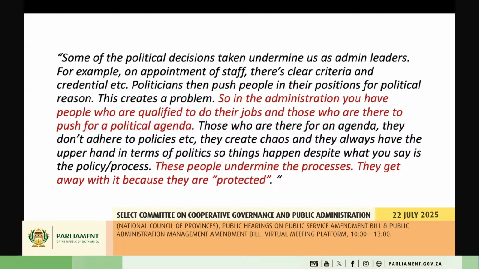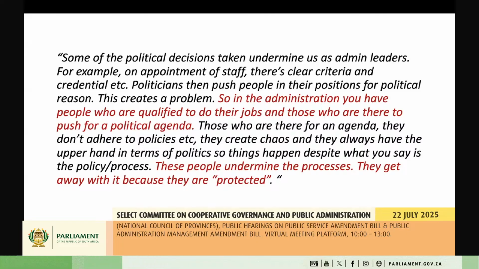So it says some of the political decisions taken undermine us as administrative leaders. For example, on appointment of staff, there's clear criteria and credentials, but politicians then push in their positions for political reasons. This creates a problem. In the administration, you have people who have qualified to do their jobs and those who are there to push for a political agenda.